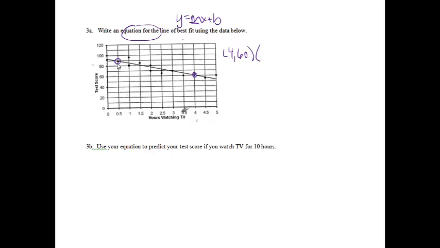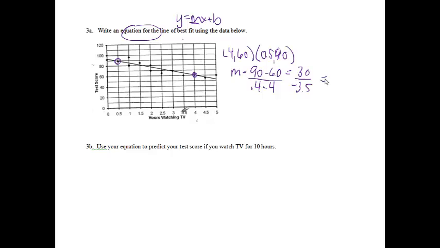So this is going to be 0.5, 90. Okay, and then from here, we're going to go ahead and calculate the slope. So the slope is going to be 90 minus 60 over 0.5 minus 4. 90 minus 60 is 30. 0.5 minus 4 is negative 3.5.